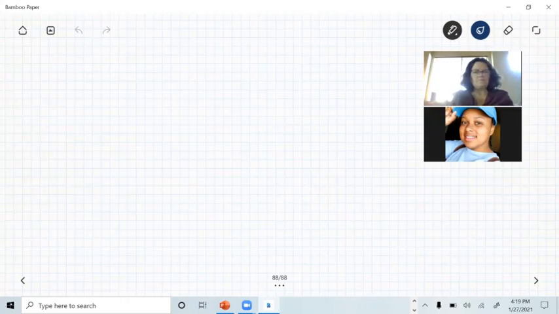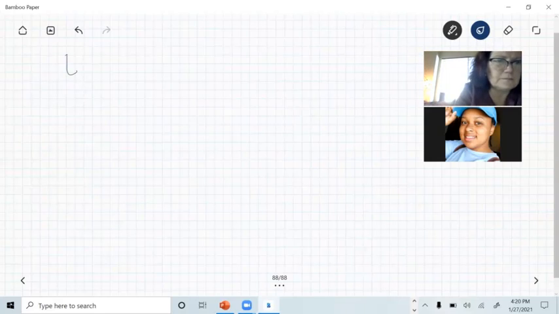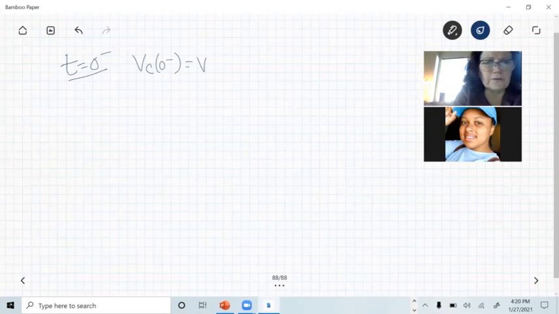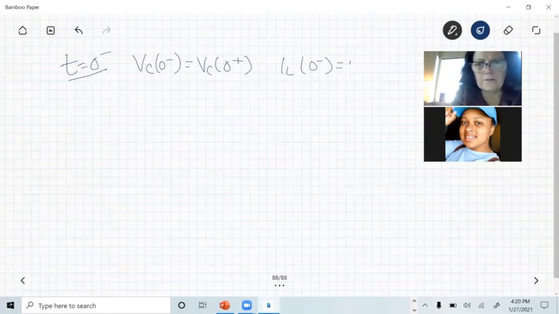Okay. So the first thing we have to do when we're solving for initial conditions, we've got to draw the t equals 0 minus circuit, to solve for VC of 0 minus, which equals VC of 0 plus, and IL of 0 minus equals IL of 0 plus.